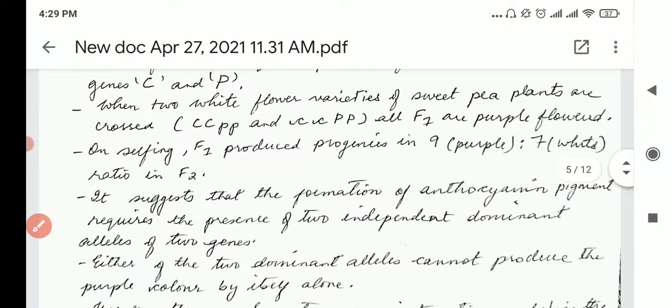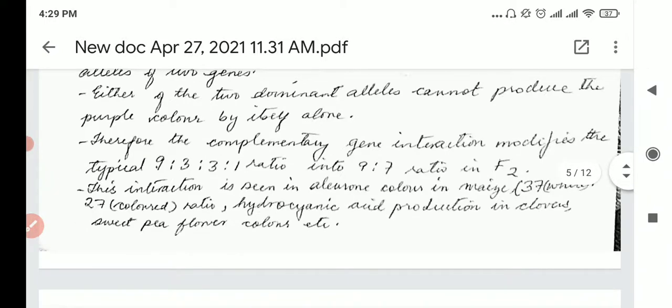And when they are absent, either when they are in the recessive, when there is no dominant C or P, we will get white color. So the 9:3:1 ratio has been modified into a 9:7 ratio in the F2.